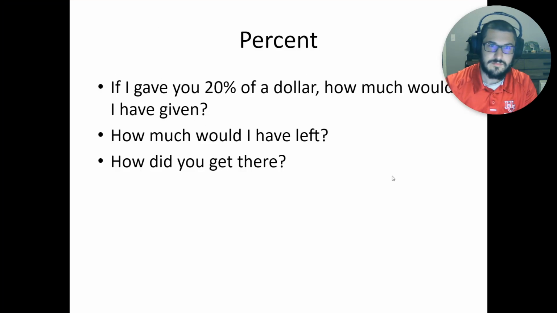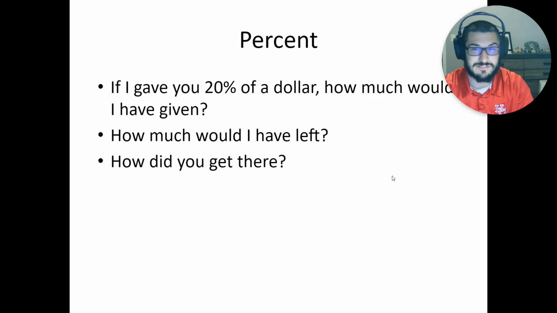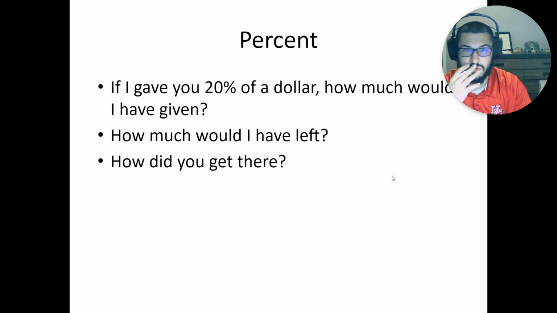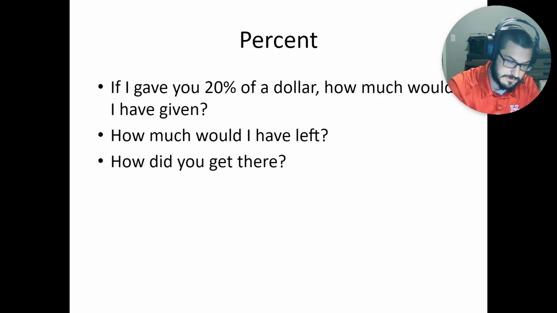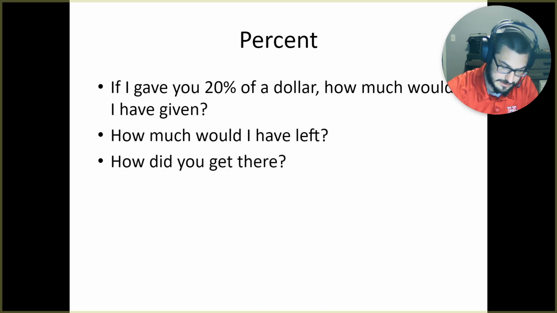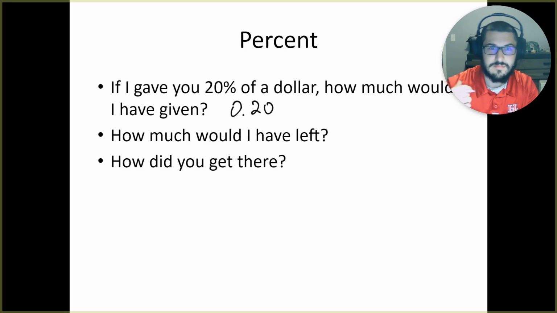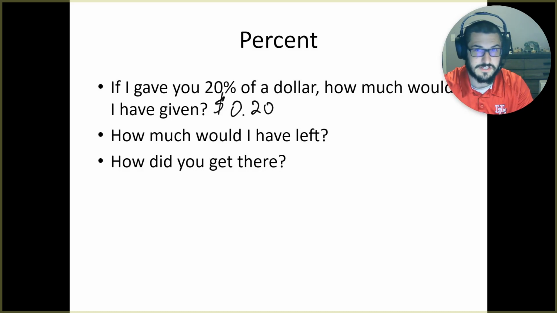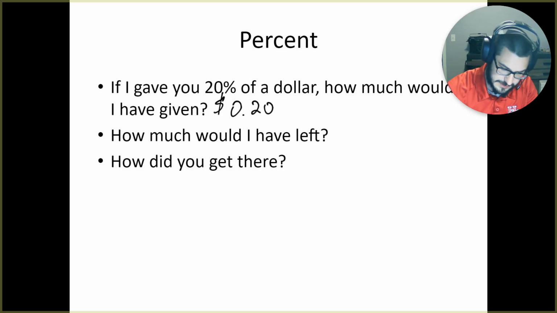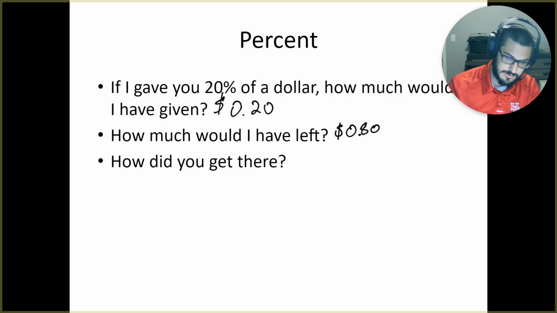Then if you've got 20% of a dollar, how much would you have been given? You would indeed have 20 cents. And if you are thinking how much would you have left, then you'd have 80 cents left. Okay?